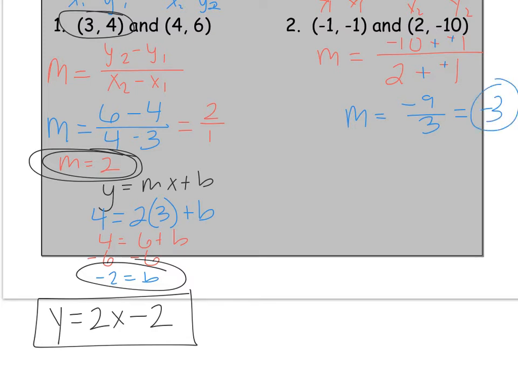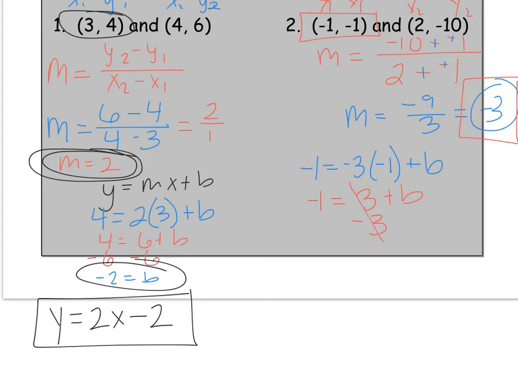Now I'm going to take my ordered pair and my slope and plug them in. So negative 1 is y, my slope of negative 3, x value of negative 1, plus b. Negative 1 equals 3 plus b. Inverse operation, subtract 3.